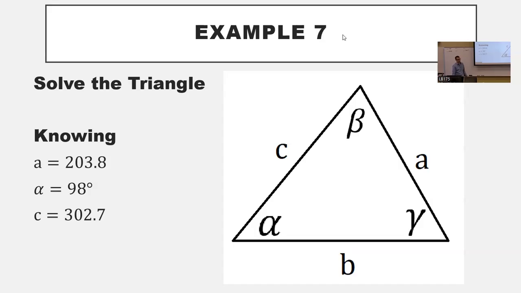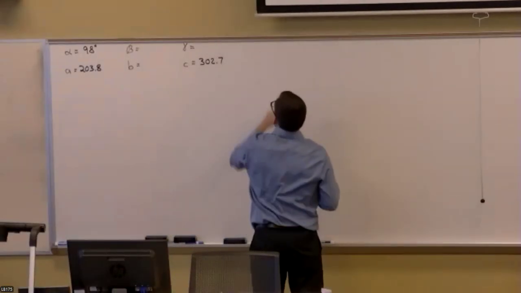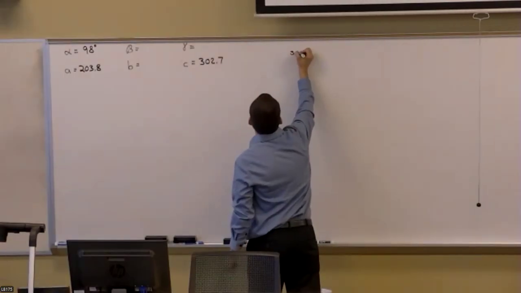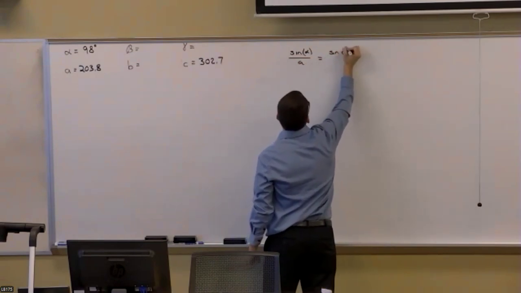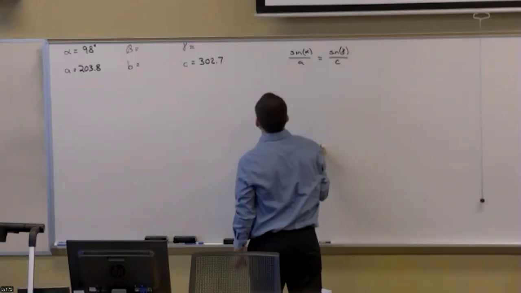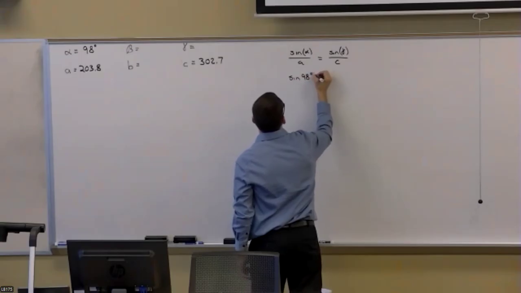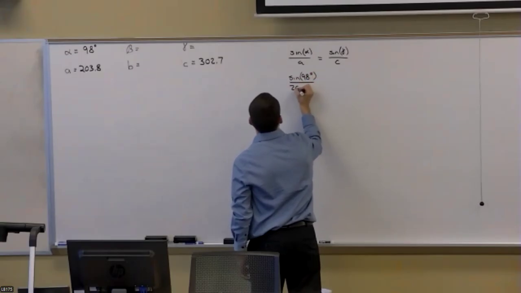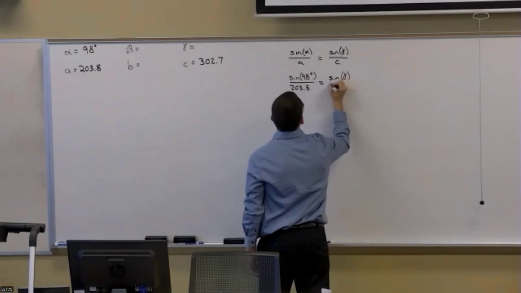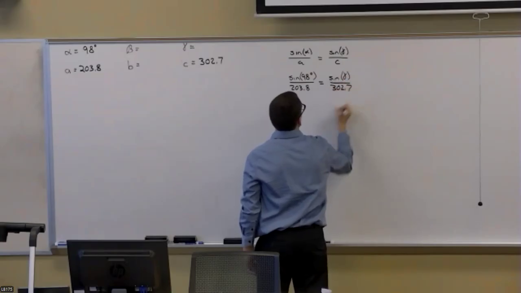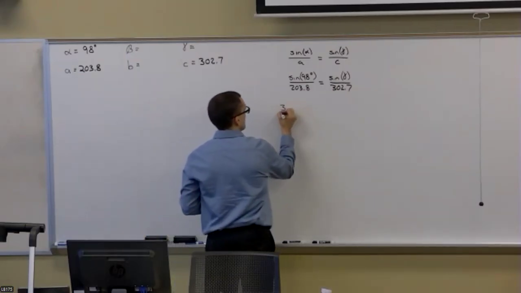Let's do the numerical problem first. So we start trying to solve. We do sine of alpha over A is equal to sine of gamma over C. I'm going to multiply both sides by 302.7.